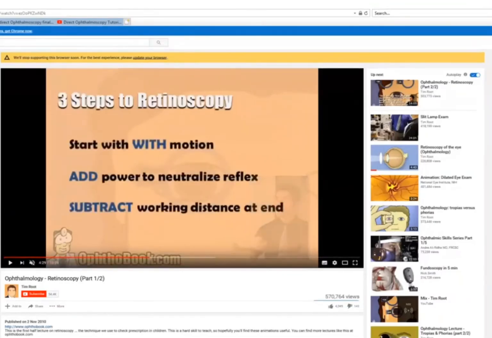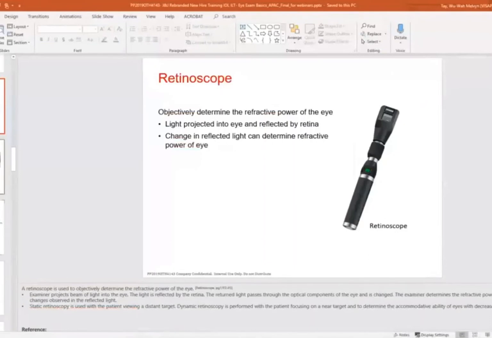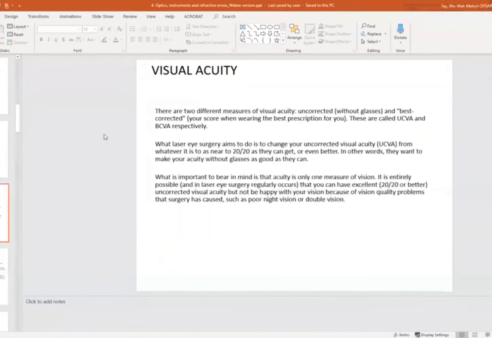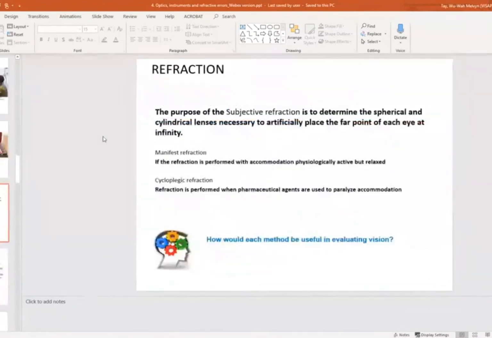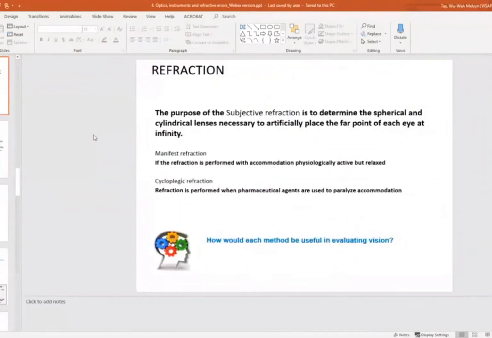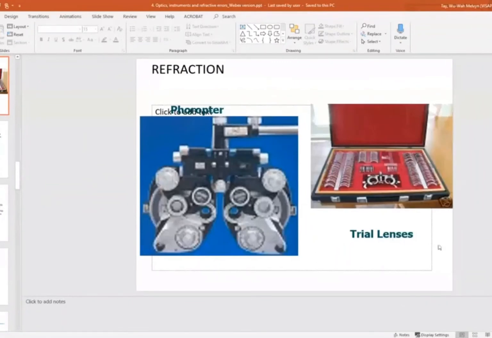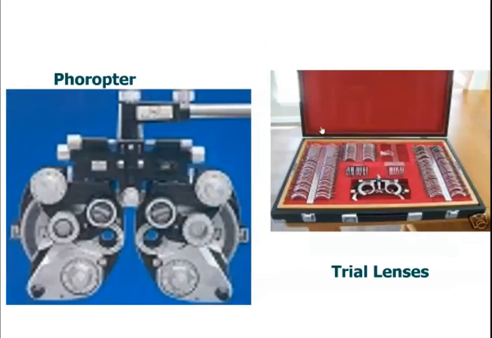So that is the mechanism of using retinoscopy. But in addition to the retinoscope, you need some trial lenses in order to determine what the refractive error is. So trial lenses are lenses that look like this. Alright, so these are trial lenses.